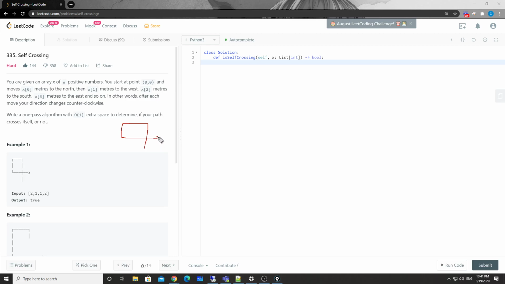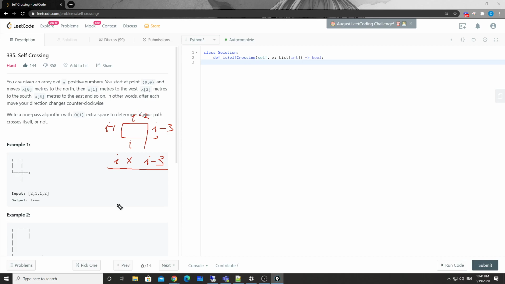Let's say the current one is I. So I is self-crossing with I minus 3. This is I minus 1, I minus 2, and I minus 3. So this is the first scenario.